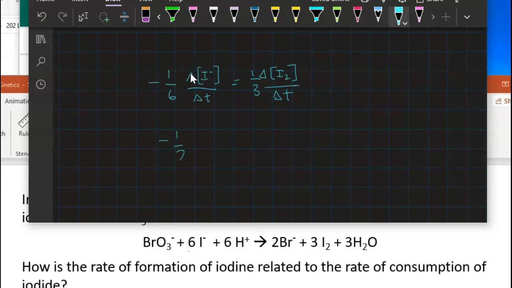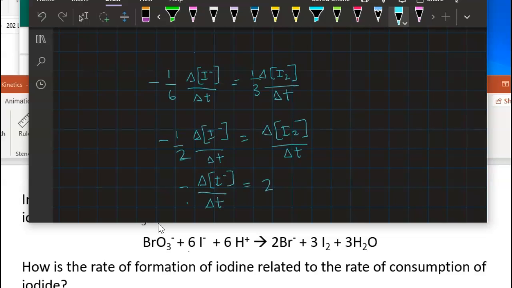So negative 1 over 2 delta T would be equal to, right? And then since the 2 is on the denominator over here, we can just bring it to the numerator on the other side. We'd have negative change in iodide concentration with time is equal to twice the change in the iodine concentration with time.